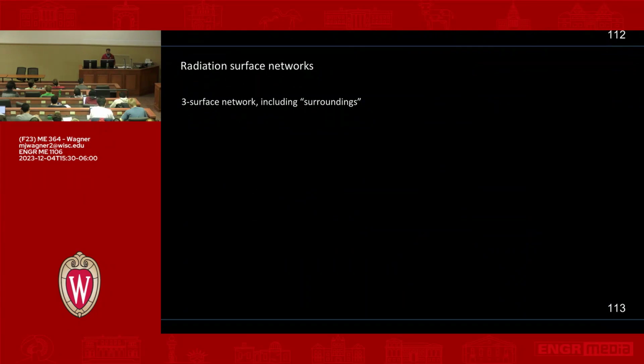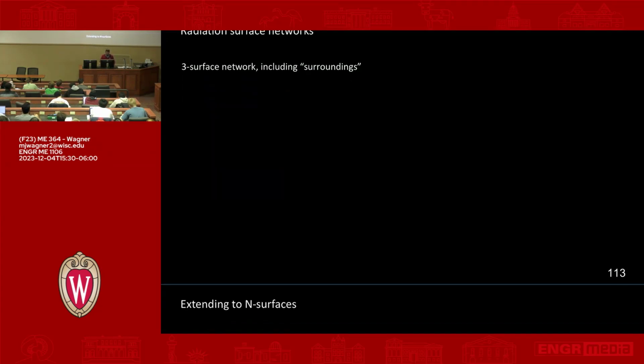Okay, so let's take our radiation surface network and talk about the other case where maybe you have two surfaces in the surroundings. How does that change things? This is sort of a half aside here, but just to quickly go over it. Let's say we have a surface here, we have a surface here, and then we have some surroundings out here. So it's a 3-surface problem, right? But 2 of the surfaces are physical surfaces and 1 is a virtual surface. How does that change things?